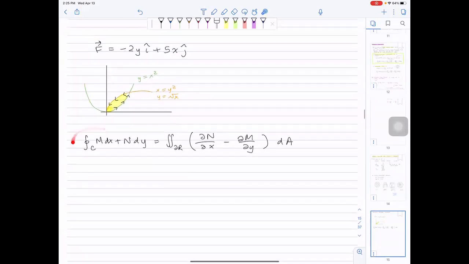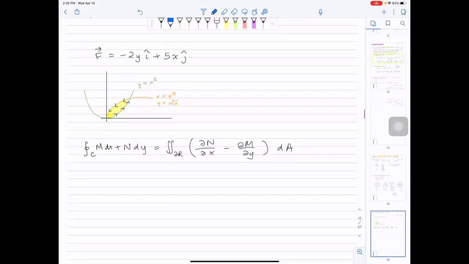Green's theorem says that this integral is going to be the double integral of the k component of the curl, dA. So now we need to see what M and N are. M is the term associated with i hat, your first component, and N is the second component.